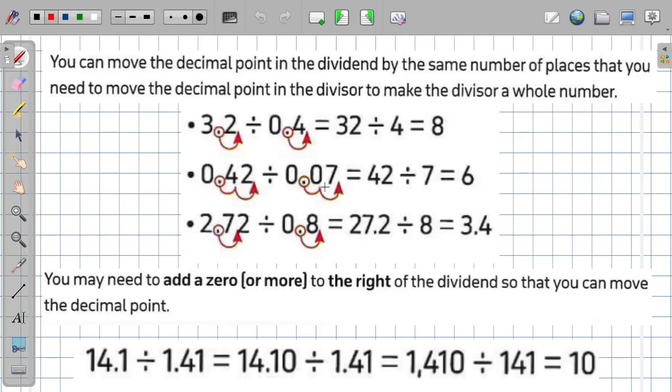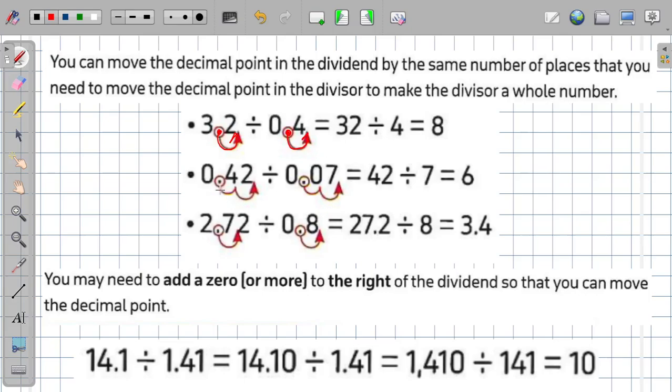You can move the decimal point in the dividend by the same number of places that you need to move the decimal point in the divisor to make the divisor a whole number. So in the first one here, I have 3.2 divided by 0.4. So I will move the decimal point here one place. So I will move the decimal point in the first number one place to the right. Okay, so it will be 32 divided by 4 equals 8.